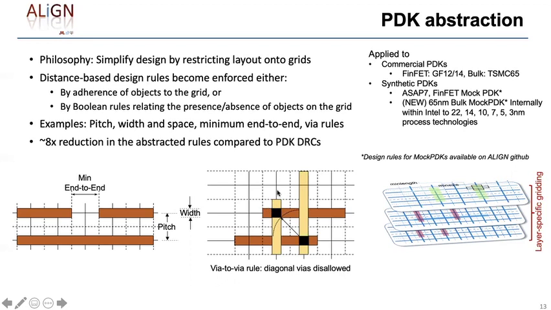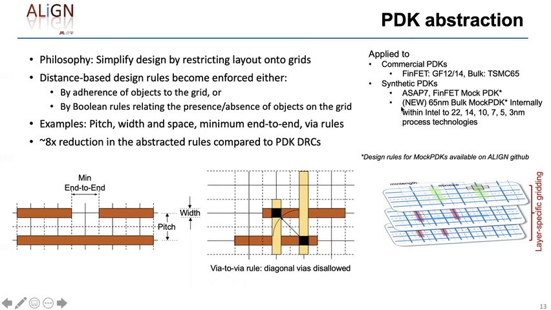We place these objects so that we have limitations on the pitch, width, space, end-to-end, etc., that are captured within this grid. We may also have VR rules, and these VR rules could be Boolean. This leads to a simple abstraction that is massively simpler than the traditional design rule manual.